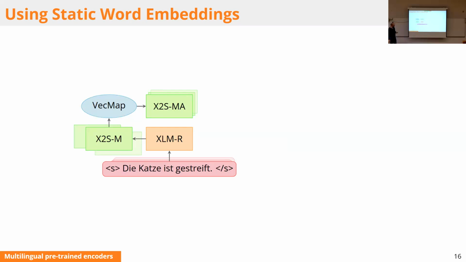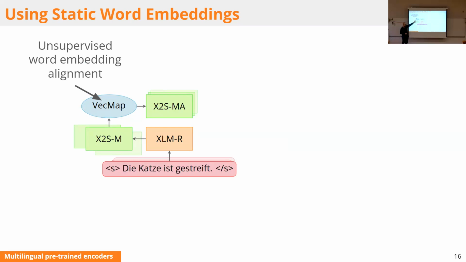So what we did is that we started with XLM-R, and in one set of experiments we derived word embeddings from XLM-R, and then we did unsupervised word embedding alignment of the embeddings from XLM-R. This way of creating the word embeddings actually mimics the famous word2vec way of preparing word embeddings.